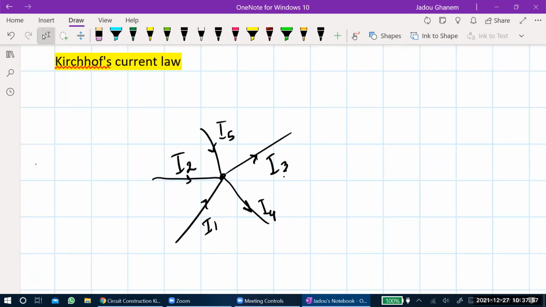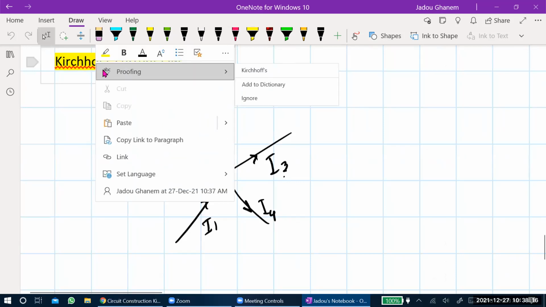Okay, Kirchhoff's current law states that the sum of the currents entering a loop will be equal to the sum of the currents leaving a loop or leaving a point, a node or junction. Sometimes they call it Kirchhoff's current law and Kirchhoff's junction rule. So both of them are the same.